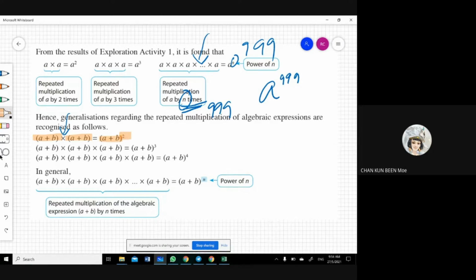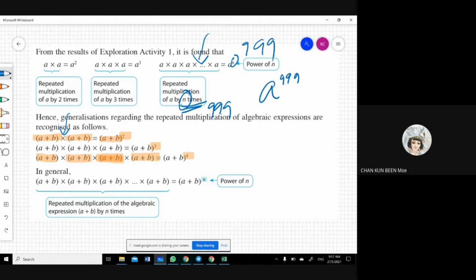Squared because we have 2 A plus B. If we have 1, 2, 3 A plus B, then it will be A plus B in bracket cubed, because we have 3 sets of A plus B over there. If we have 4 sets of A plus B, you see, 1 set, 2 set, 3 set, 4 set, so it will be A plus B to the power of 4.